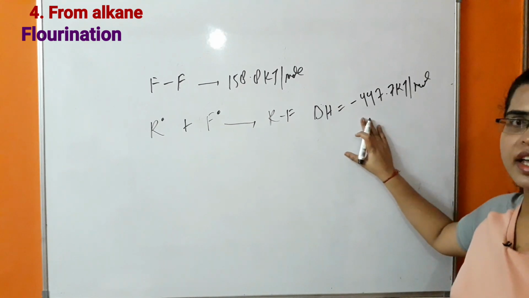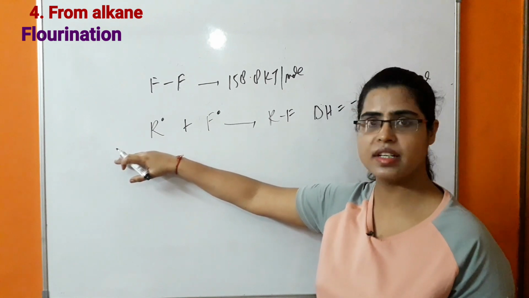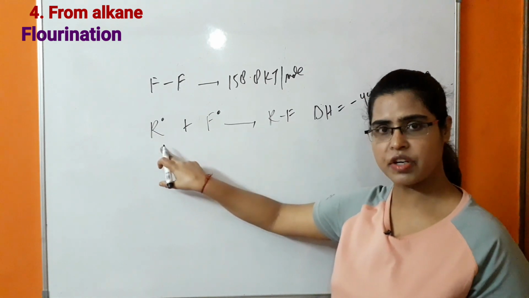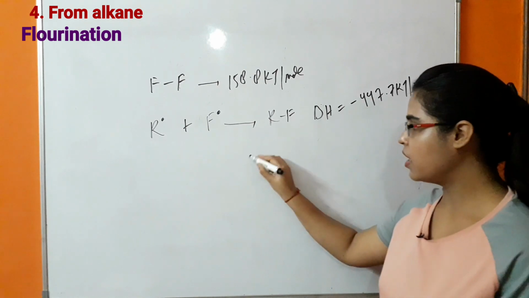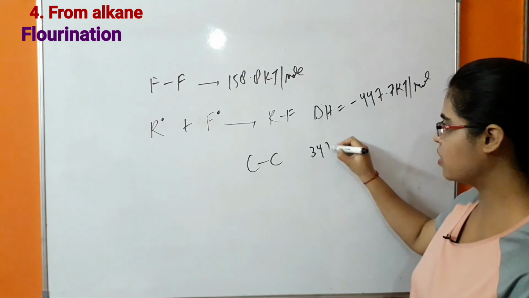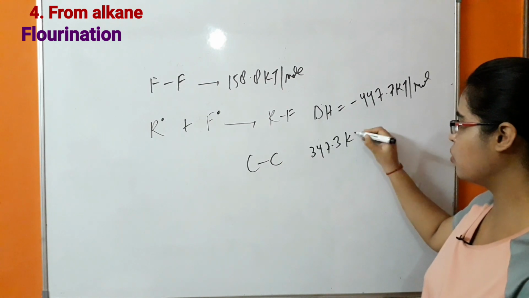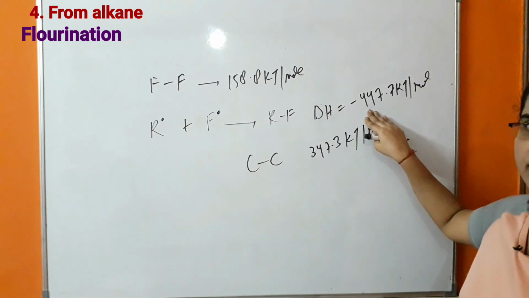So this much high energy will cleave the carbon-carbon bond which is present in this alkyl free radical. We know that in the case of hydrocarbon, the energy required to cleave this carbon-carbon bond is around 347.3 kilojoule per mole, which is less than this much energy.